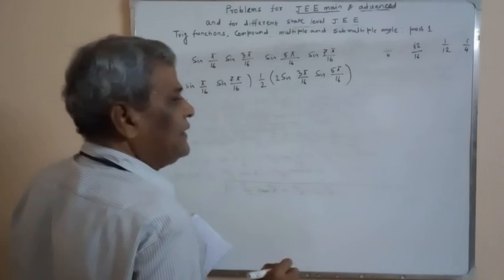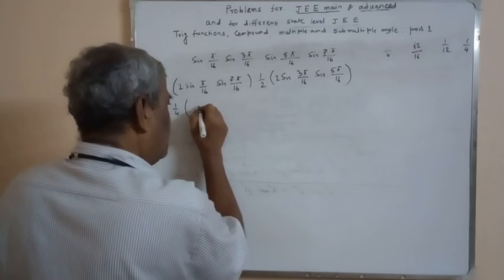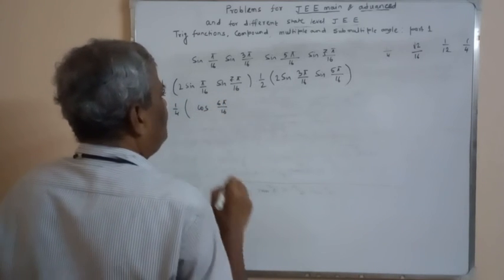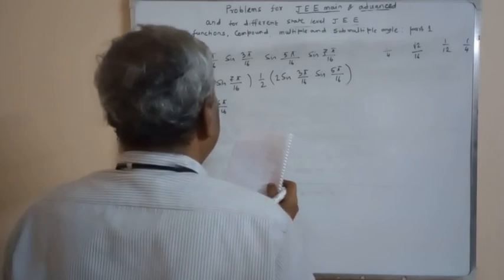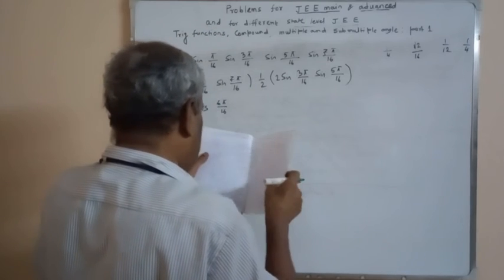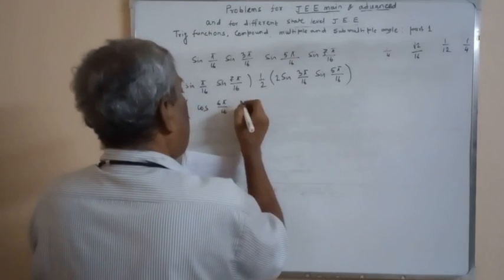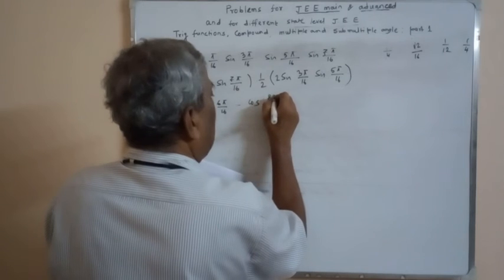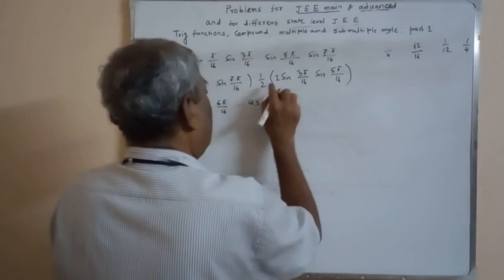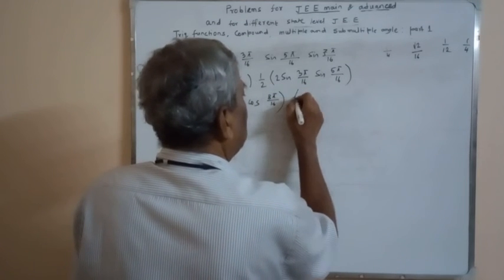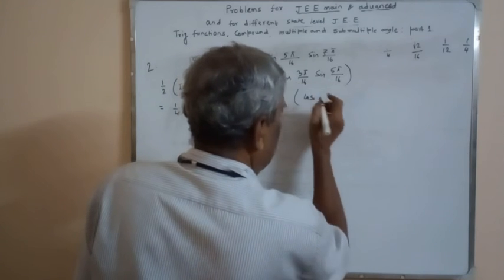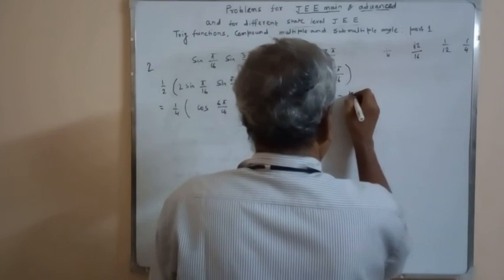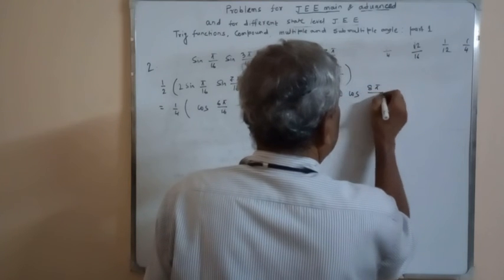Now it is 2 sine A sine B. The formula is cos of A minus B, 6 pi by 16, minus cos of A plus B, that is this plus that, 8 pi by 16, into the same formula, cos of A minus B, this minus that, 2 pi by 16, minus cos of 8 pi by 16.